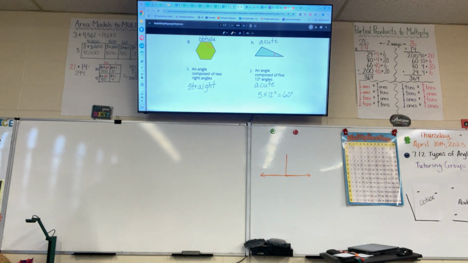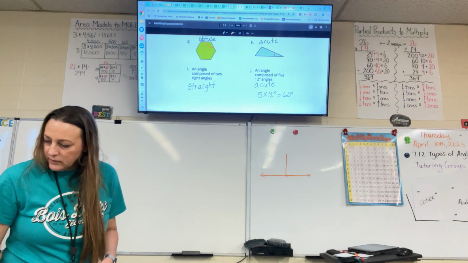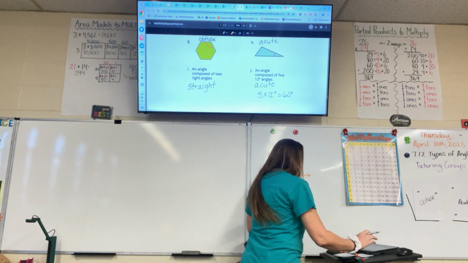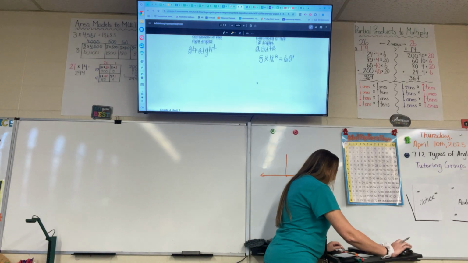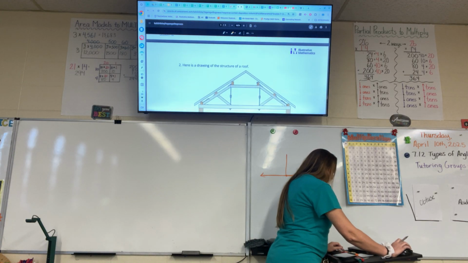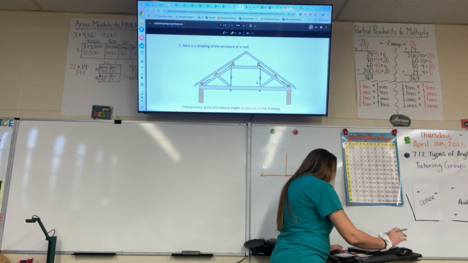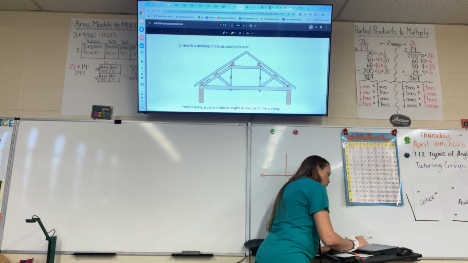All right, turn the page. Okay, so we have the top part of a roof. It says find as many acute and obtuse angles as you can in the drawing.